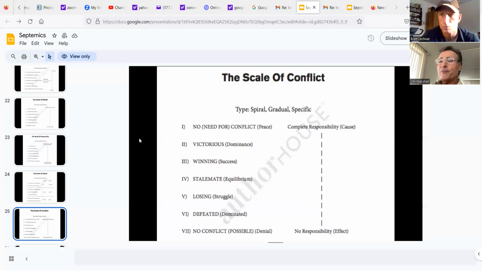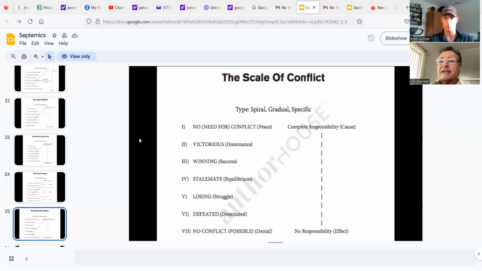In order for the person to experience conflict, he has to admit that there is a conflict. Now, the person at 7 is not free of conflict. He's totally overwhelmed by conflict, so he just denies it. He says, no, it's not there. So you can say, well, isn't that daffy? Yes, it's daffy.